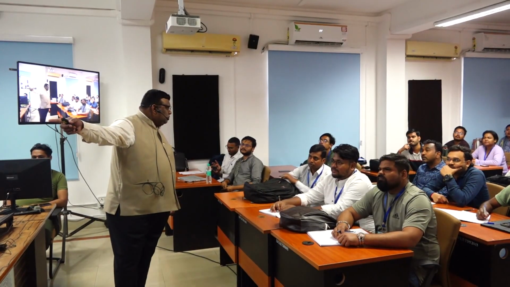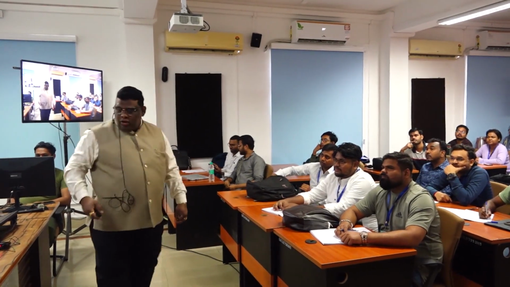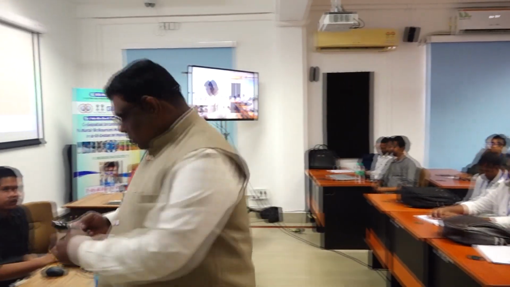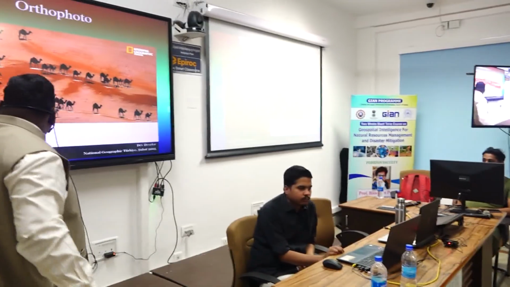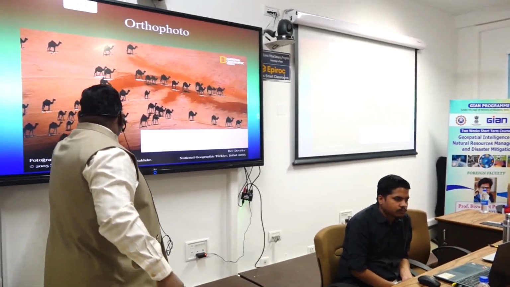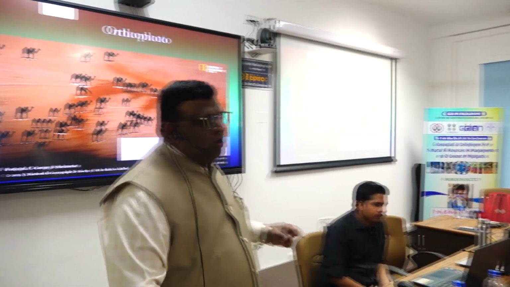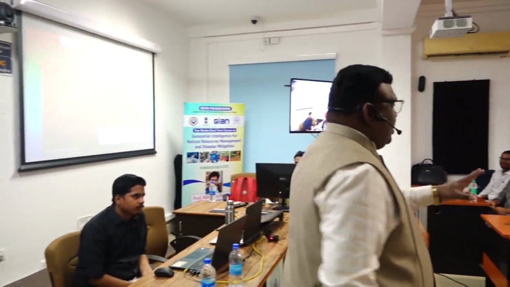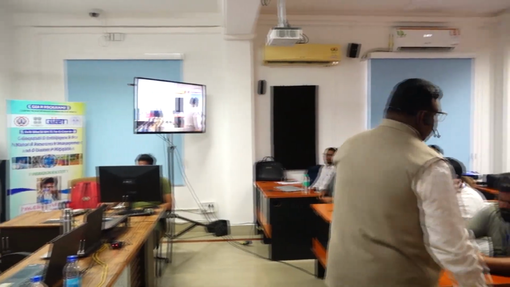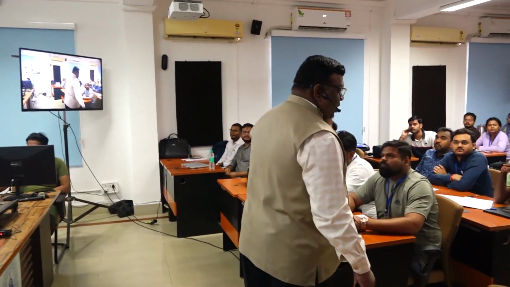Is it not? So here you can see whatever the small features are there. These are all camels, right? The shadows. The shadow is giving you the information that this is a camel.